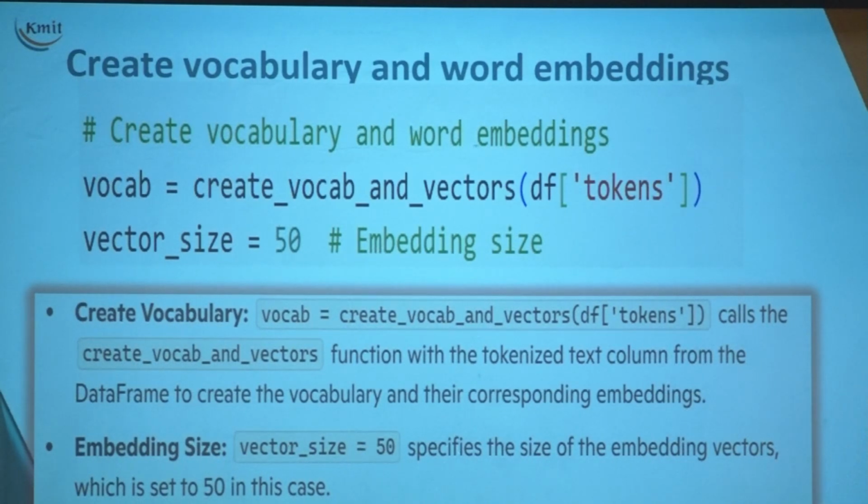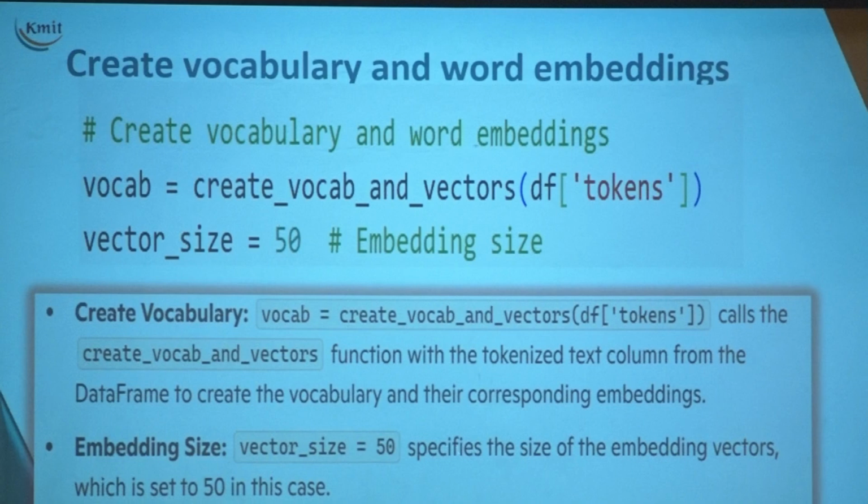Now, create vocabulary and word embeddings. So now I am applying that to my data frame. Okay. So I am using create vocab and vectors. I am passing my data frame column, not text, tokens. Now my data frame has two columns, no? One is text, and one that we have created just now. What was it? Tokens.